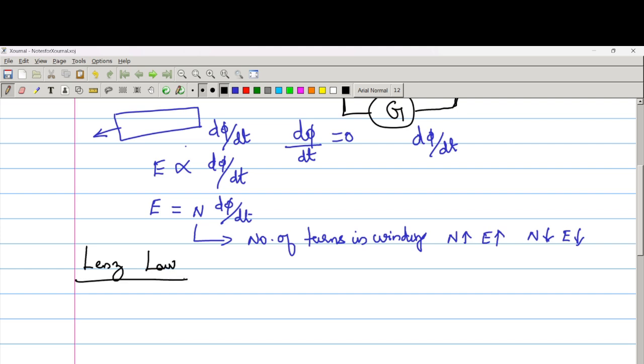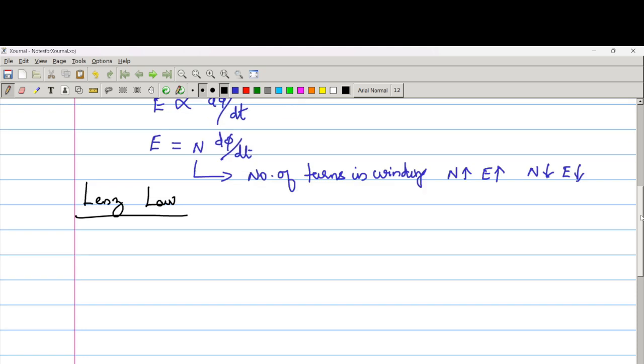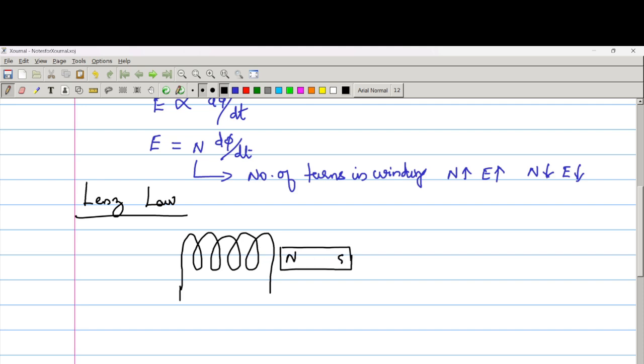So what the scientist Lenz has done: here this is the magnet, and already we have the winding. I already told you that when the magnet is near to this winding, what will happen?